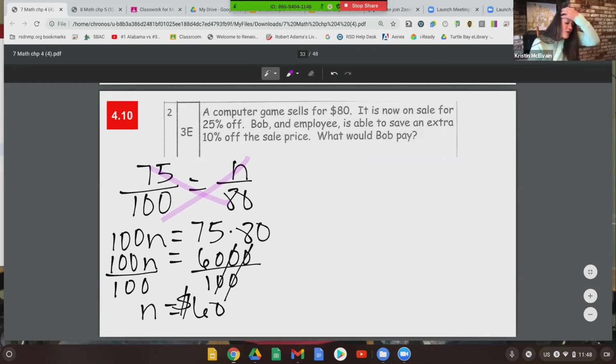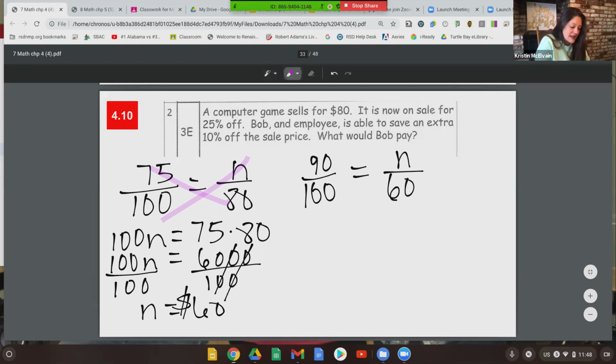Okay, so Bob gets an additional 10% off. So we're going to do the same thing. If he gets 10% off, he's going to be paying 90% of $60. Cross multiply, 100N equals 90 times 60.